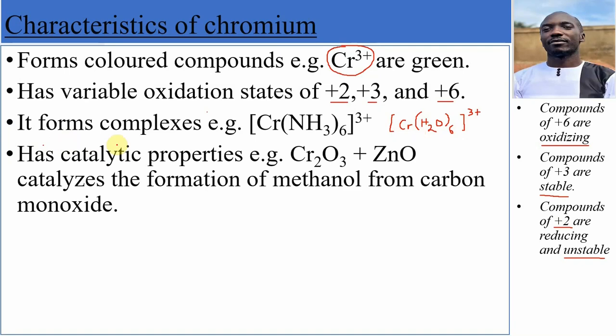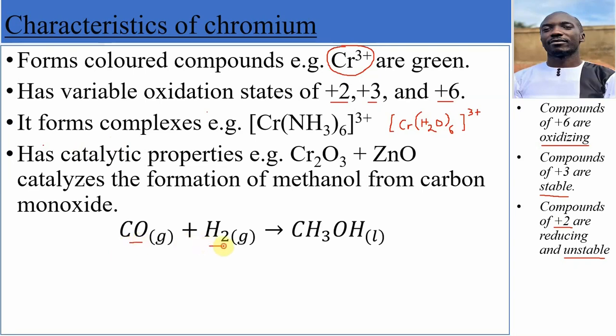For example, when you have a mixture of chromium 3 oxide and zinc oxide, that mixture catalyzes the formation of methanol from carbon monoxide. Here we have the equation. So we are having carbon monoxide, which is a gas, with hydrogen, and we are forming methanol.